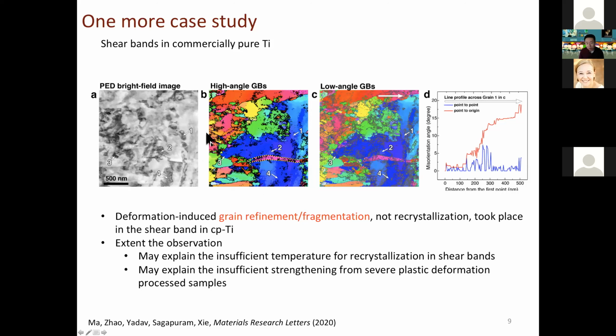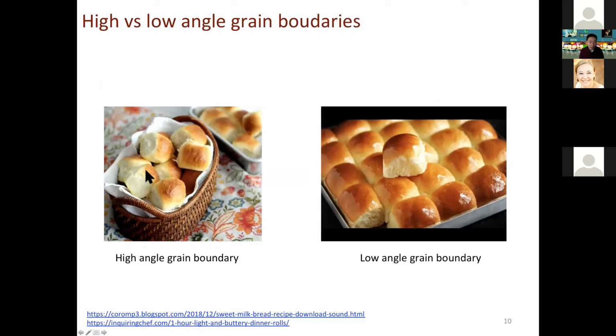So what this tells us is those features which appear to be grains are not separated by large angle grain boundaries, not by conventional grain boundaries; rather they are separated by low angle grain boundaries. Let me give you one analogy of what this means. The conventional view of the nanocrystalline features is more like this. You have dinner rolls, and each dinner roll has its own orientation.